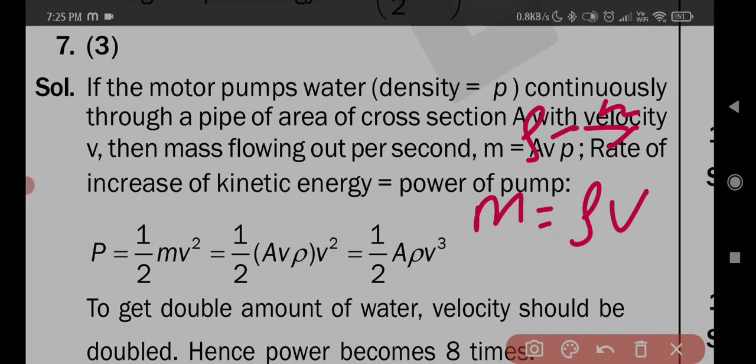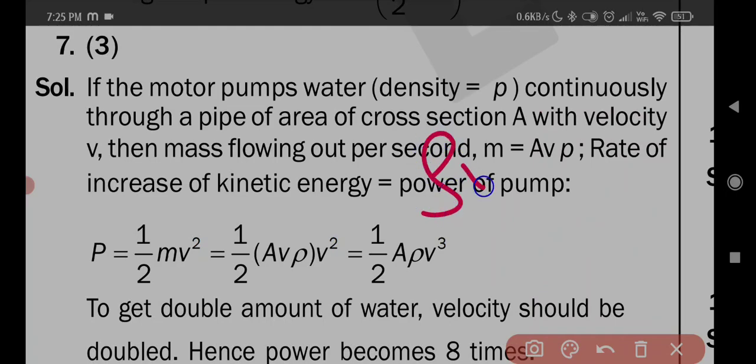Mass is rho V. Can I write volume as rho, area A and length? If I take mass per unit time, I'll divide this by time.